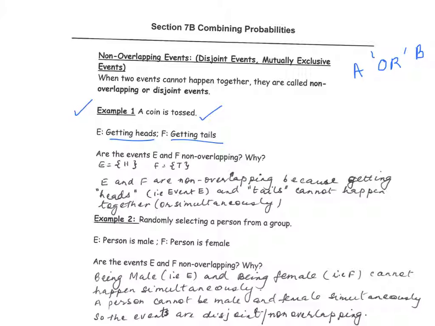Can you get heads and tails when you toss a coin once? The answer is no. When we toss a coin, it's either heads or tails, but the two cannot happen together. So therefore, getting heads and getting tails are non-overlapping.